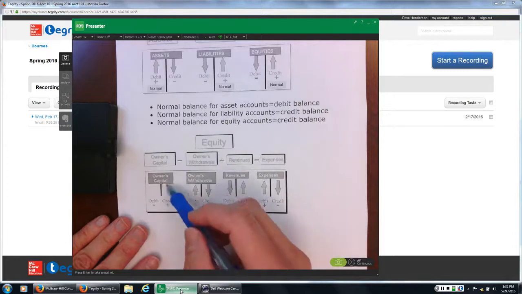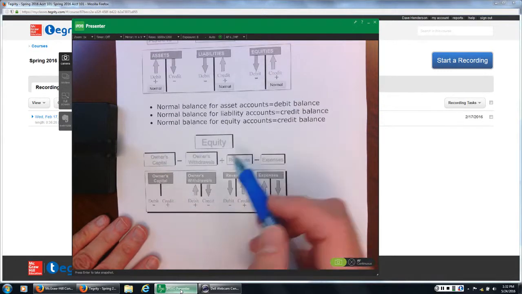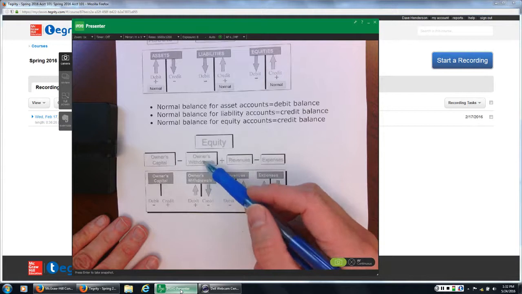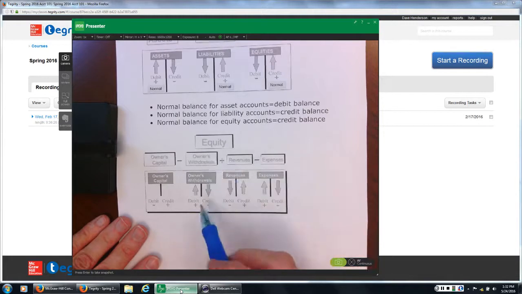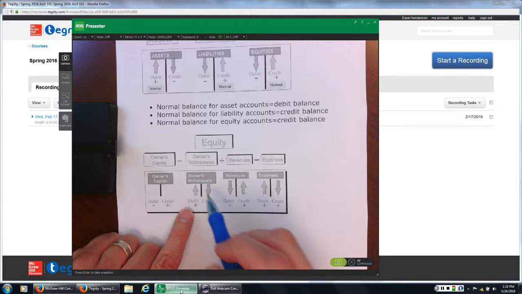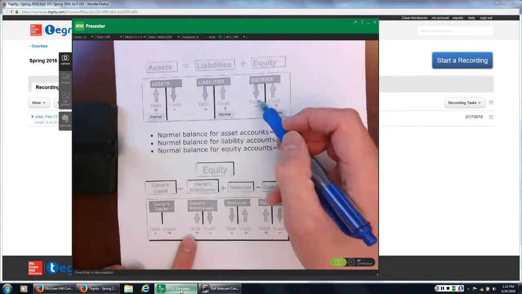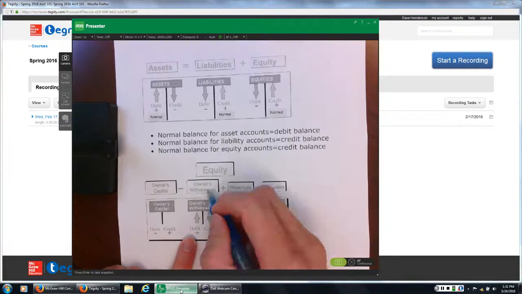So it starts here and then flows to there. Owner's withdrawals decrease equity. To show that an owner took money out of the company, we would debit owner's withdrawals. As owner's withdrawals goes up, that's recognized with a debit. Owner's withdrawals goes up, equity goes down. How do I make equity go down? With a debit. So remember, this flows through.